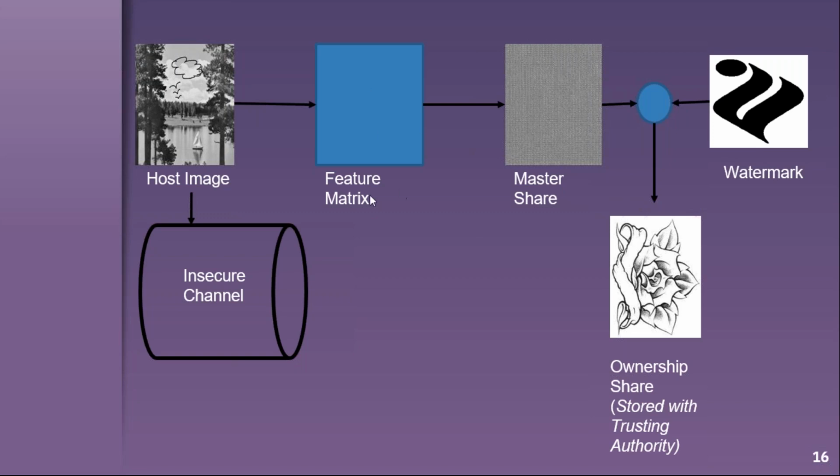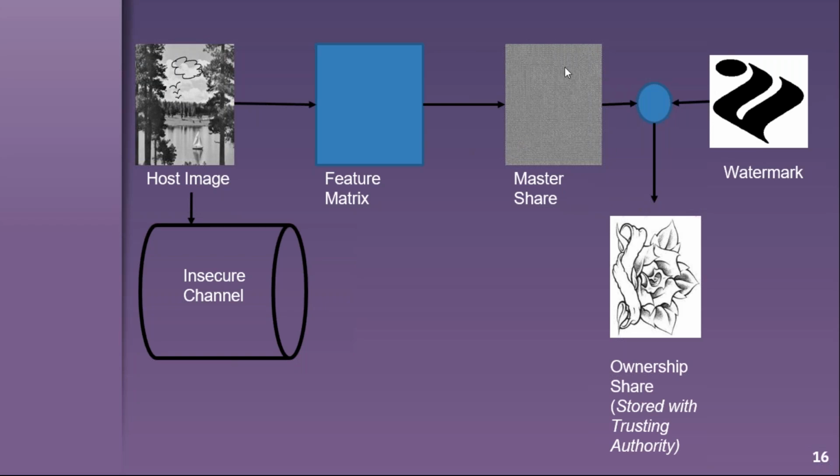From those features, after applying some mathematical computations, we create a master share. So what is a master share? Master share is binary data. It acts as share one, which we discussed in visual cryptography, and it contains all the information about the host image because it has been created from the feature matrix.